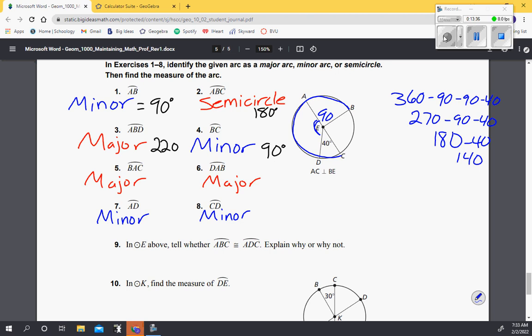Okay, so I know this angle here is 140. So to find BAC, we have to take 90 plus 140 plus 40, and that'll get us, I think, 270.